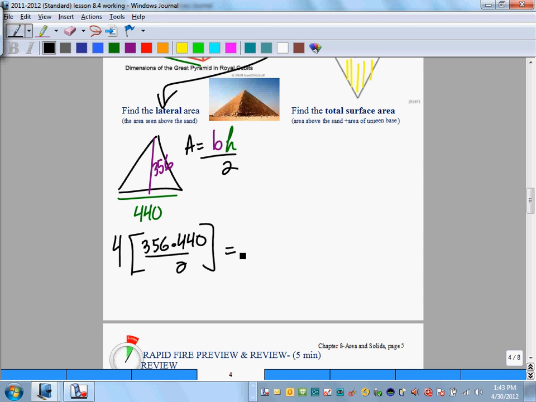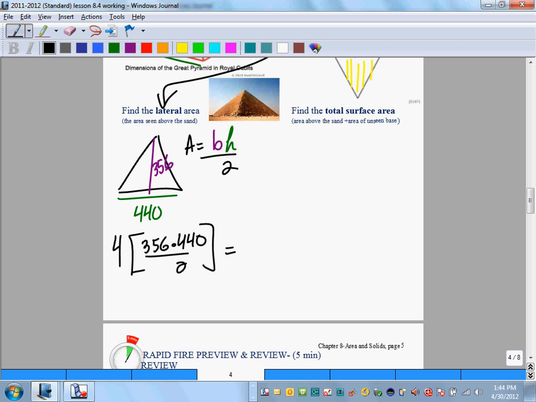Alrighty, guys. How do you find area? What's the equation for area? For a triangle, one-half base times height, all over 2. Write it down. Good.